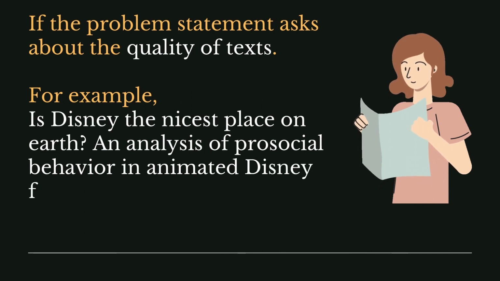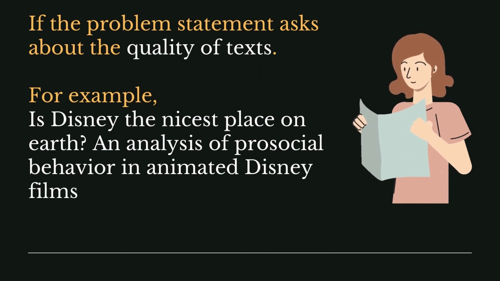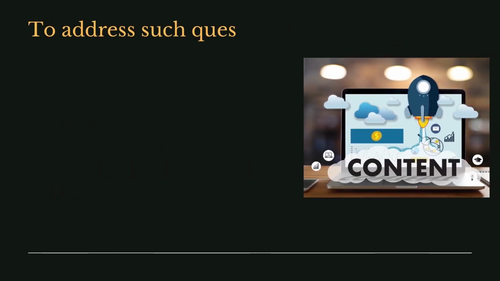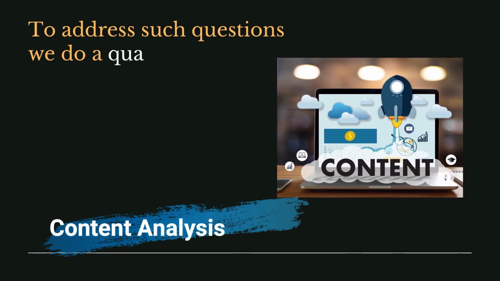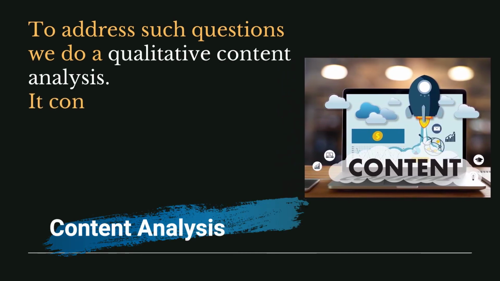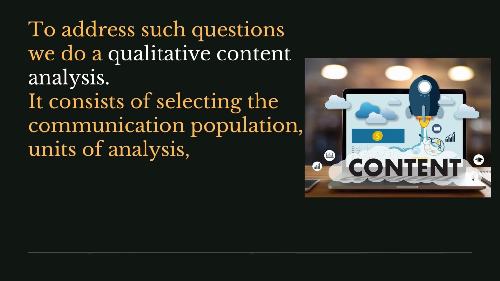An analysis of pro-social behavior in animated Disney films. To address such questions, we do a qualitative content analysis. In an earlier video, I have dealt with content analysis in a detailed manner. It consists of selecting the communication population, units of analysis, coding methods, and then analyzing the data.